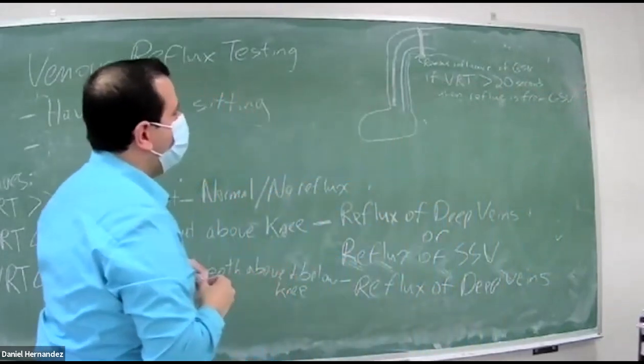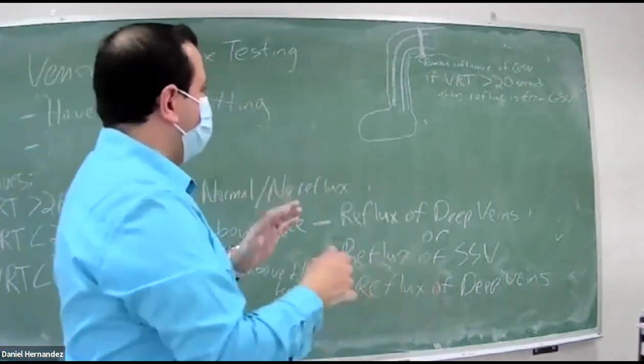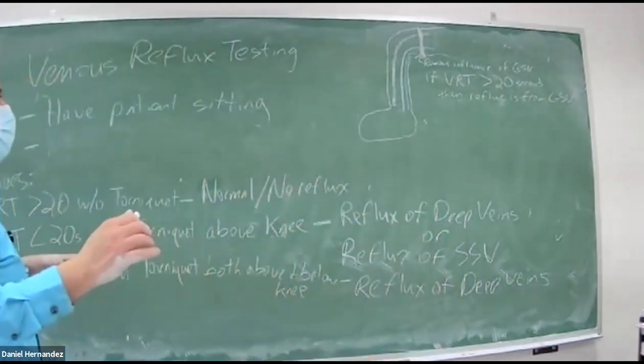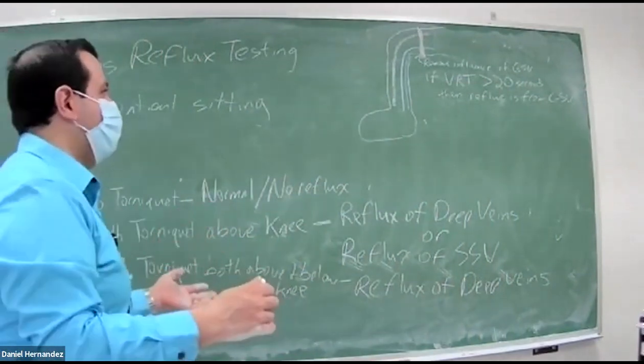So we do our initial baseline and we got a very fast refill time. We had no tourniquet on. We saw a very fast refill time. That's our first indication. All right, this patient has reflux.